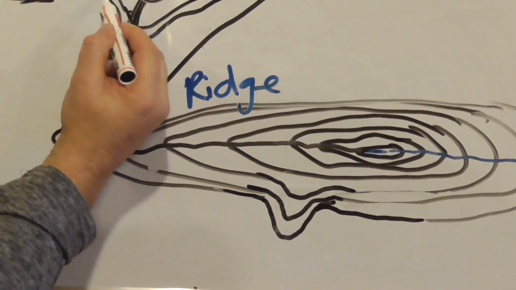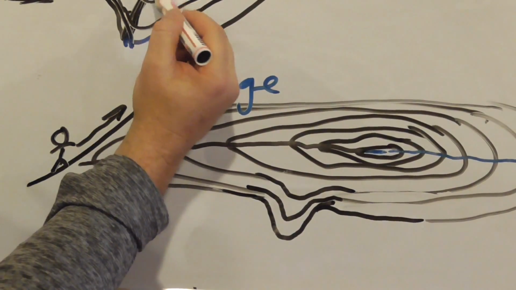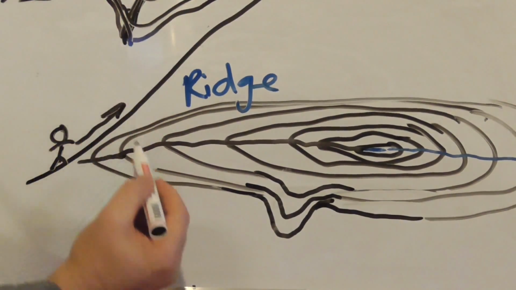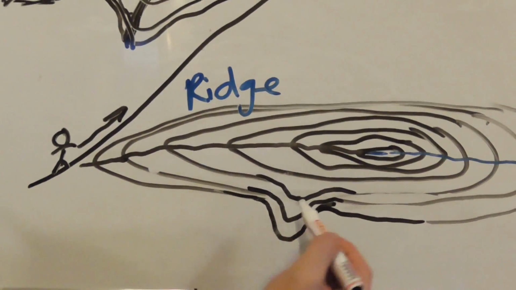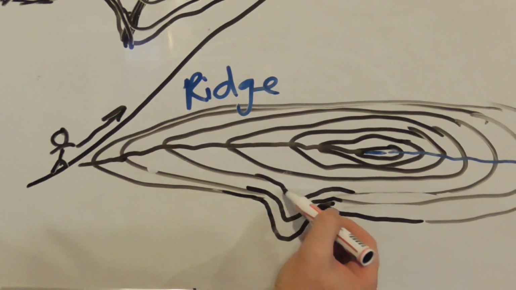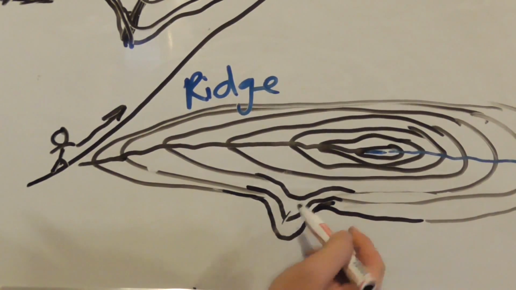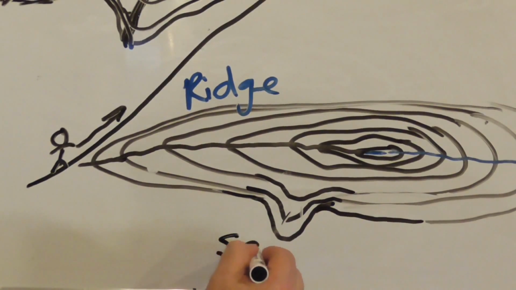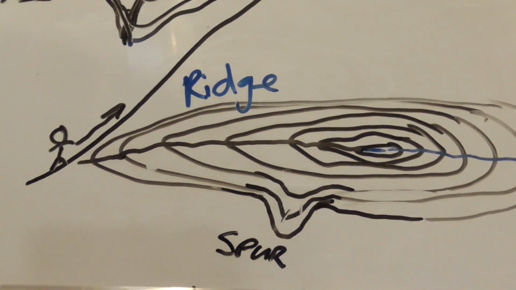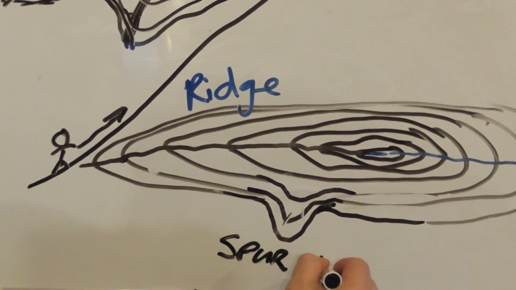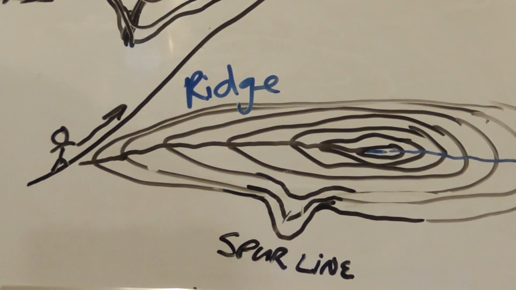Contour lines are like that. So it's like a ridge, like the main ridge here, but it's like a small ridge. Okay, and it just juts out, and that's what we call a spur. A spur or a spur line.